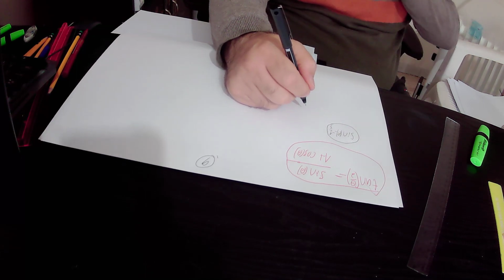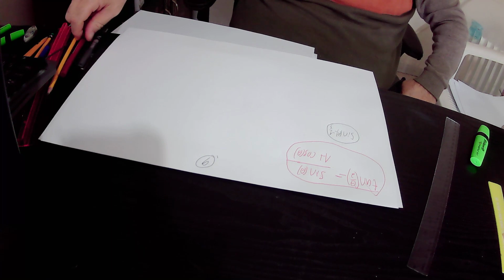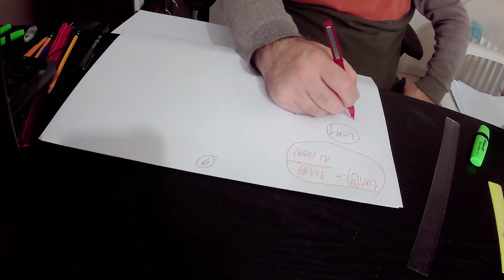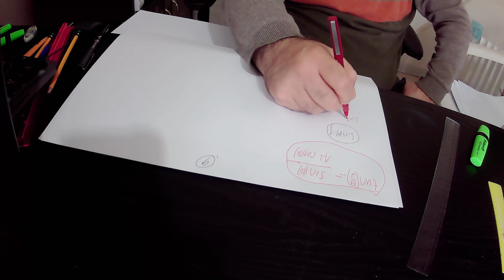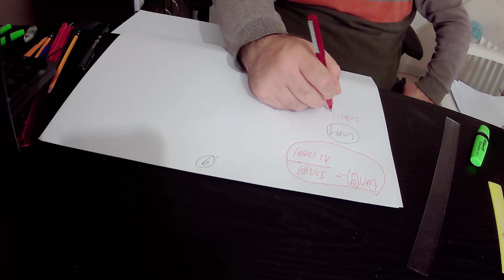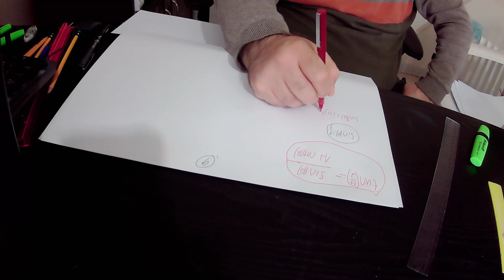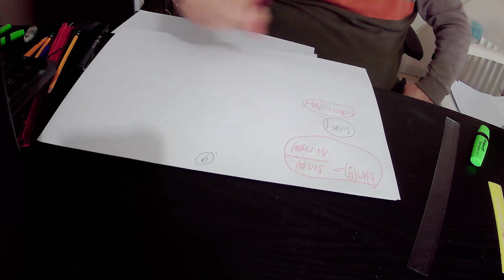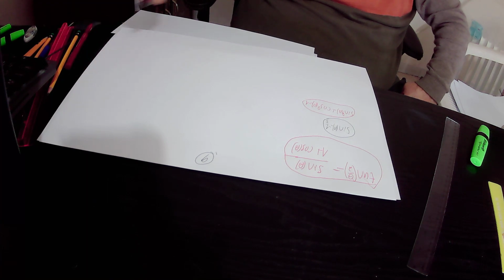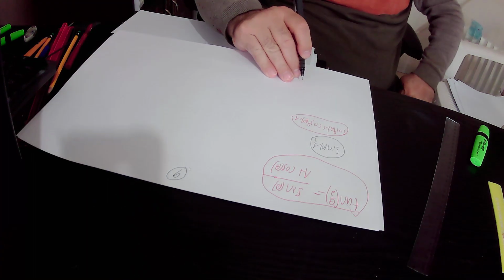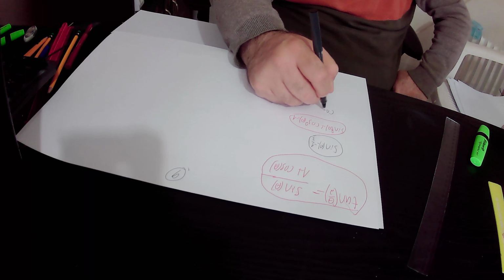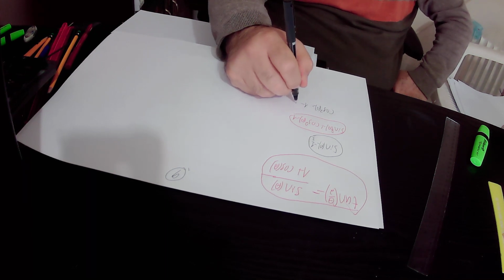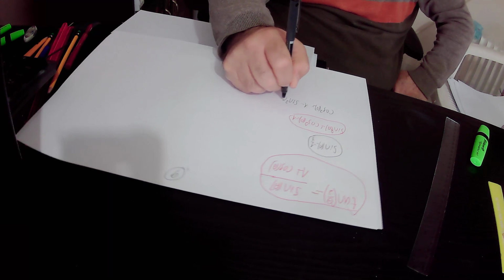And we have the trigonometric identity that states that sine squared theta plus cosine squared theta equals 1. We will subtract sine squared theta from this trigonometric identity, and we will get that cosine squared theta equals 1 minus sine squared theta.